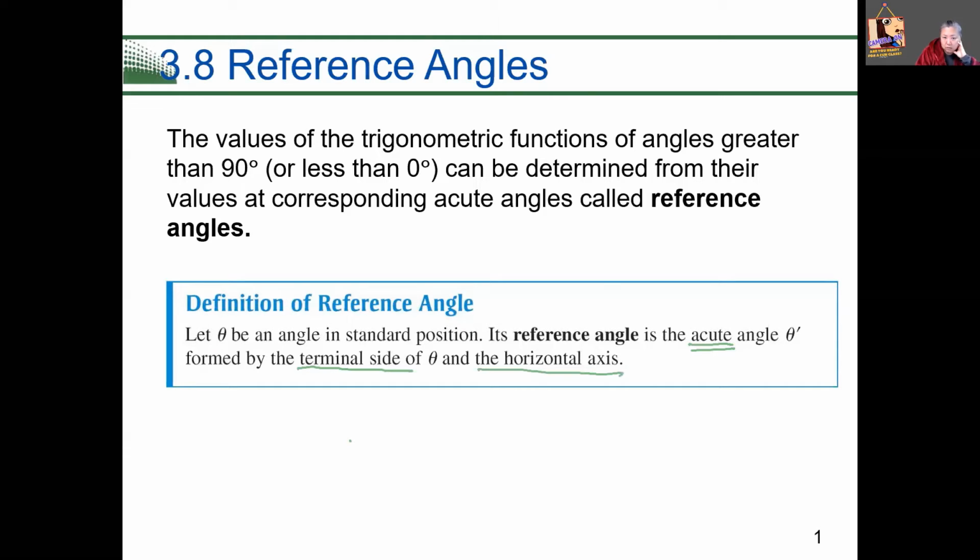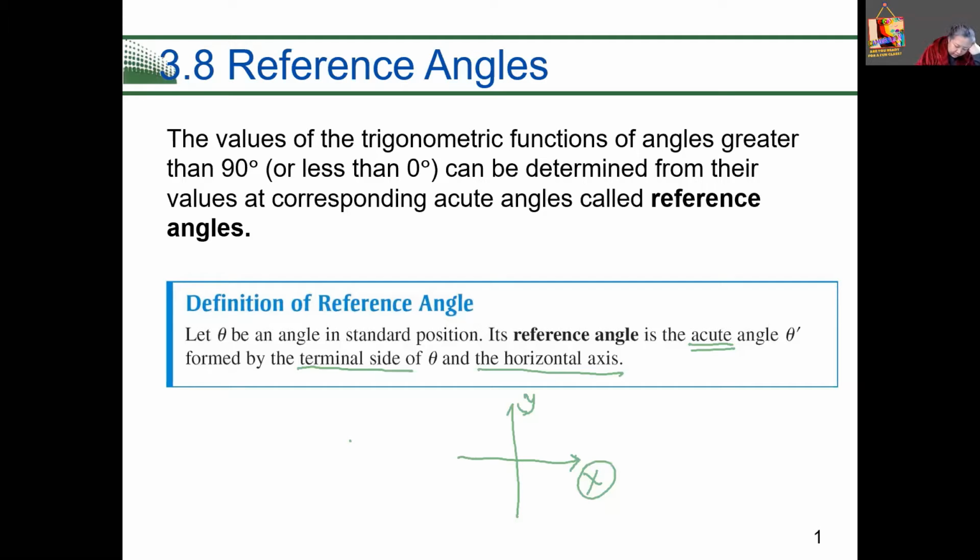Horizontal axis, what are you talking about? Look, now we are using any angle placed on the quadrant space, the coordinate space. Here, we always start from the x-axis and y-axis. Between the x-axis and y-axis, which one is horizontal? Yes, the x-axis is the horizontal axis.